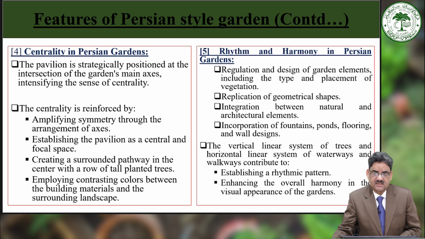Elements such as the type and location of the vegetation, replicating the geometrical shapes between the natural and architectural elements, use of fountains and ponds, flooring, and design of the walls around the gardens.